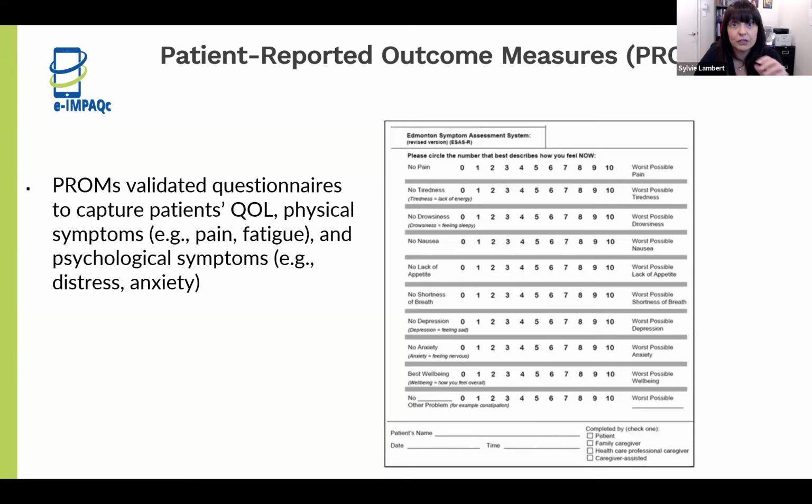There's a lot of research on this scale, such as whether a 3 on a 0 to 10 scale is clinically significant. Maybe 3 is significant for pain, but it's not for nausea. We just have a lot of psychometric studies that have been conducted. So it's an oldie, but it's a goodie.